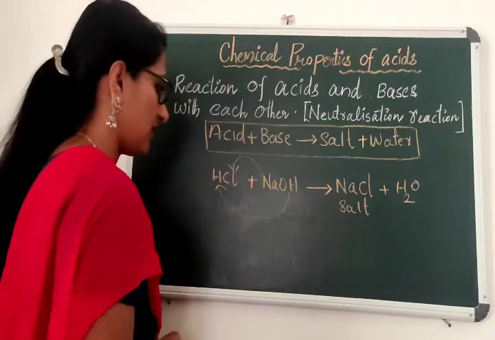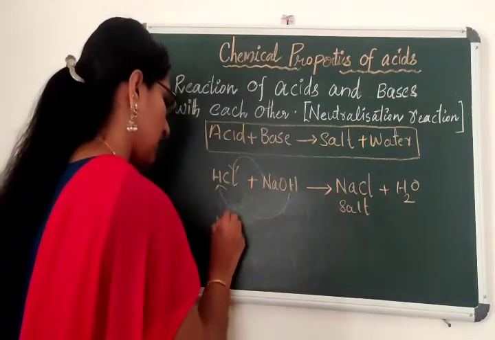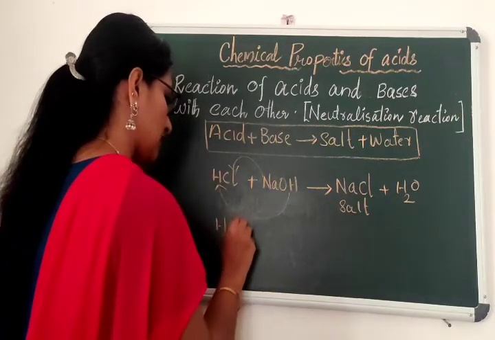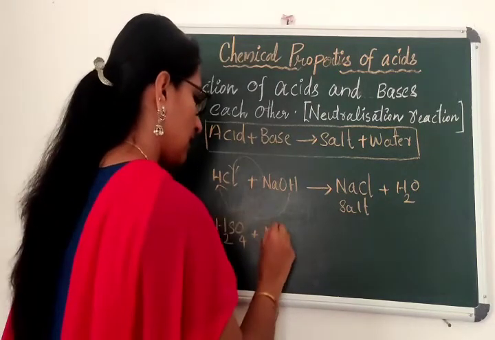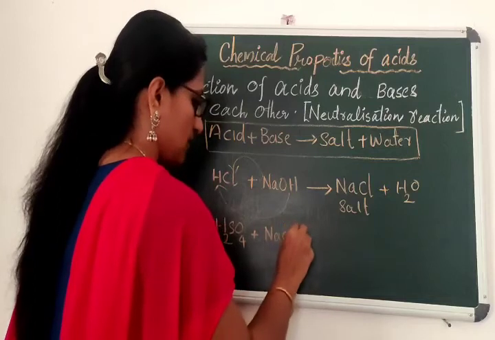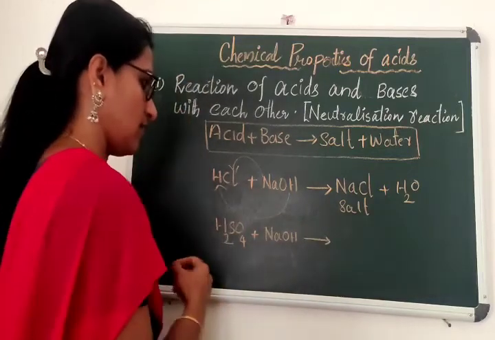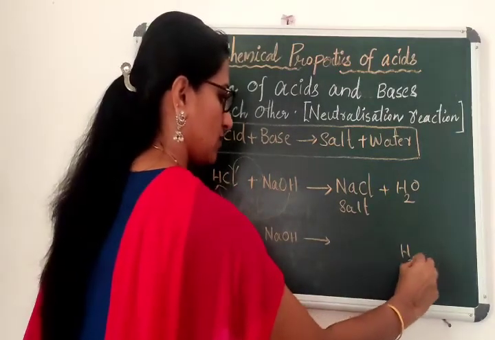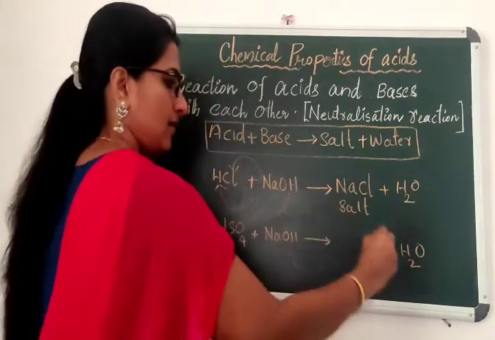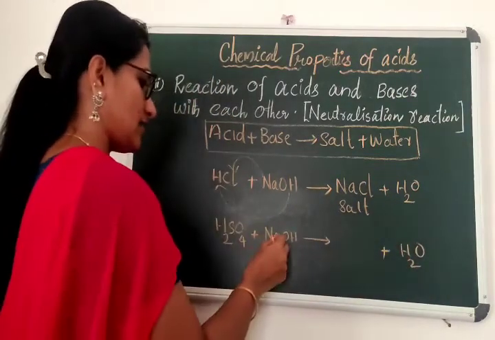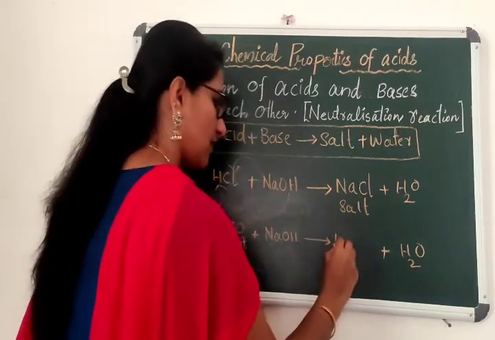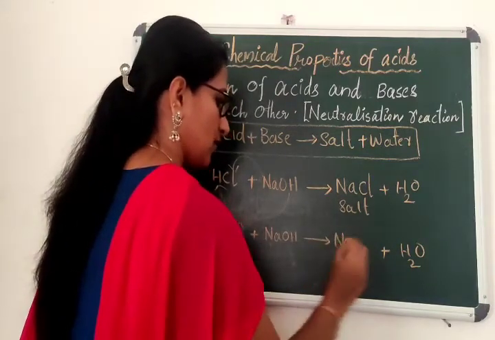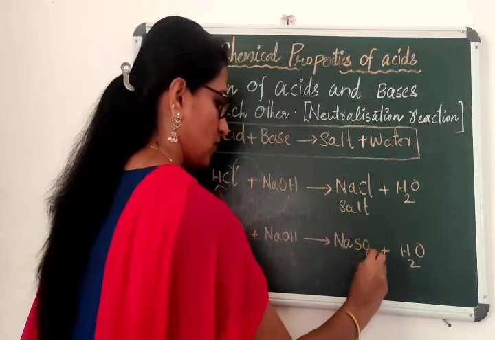Okay, this is a neutral salt. Or if you take any other example, dilute sulfuric acid, H2SO4, reacts with the sodium hydroxide base. So what happens? First, water is produced, right? And which is the salt? The salt is sodium sulfate. So the sodium sulfate chemical formula is Na sulfate SO4.